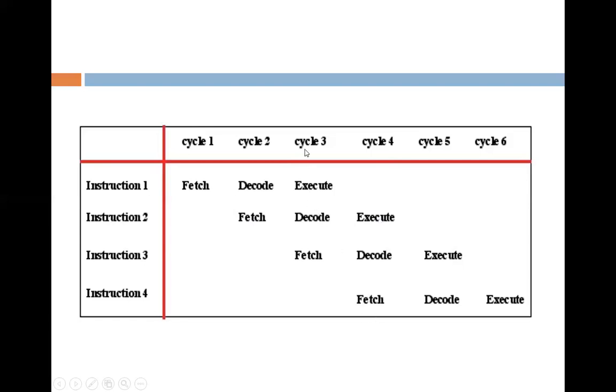So you can observe that in cycle 3 and cycle 4, instructions 1, 2, and 3 are simultaneously executed in parallel. This concept is called the pipelining concept, and it reduces our execution time, and our processor becomes faster.